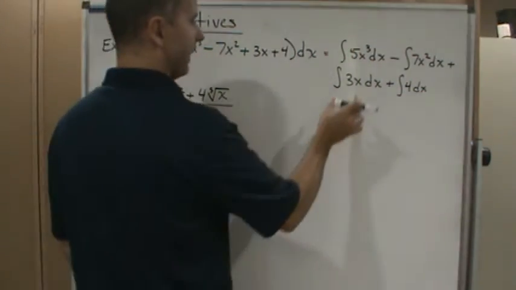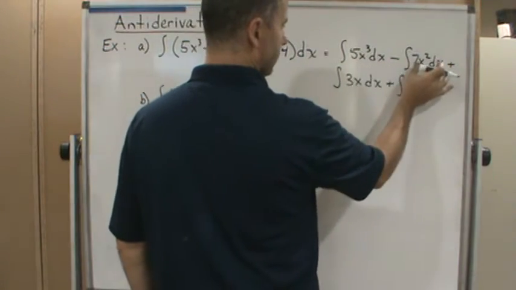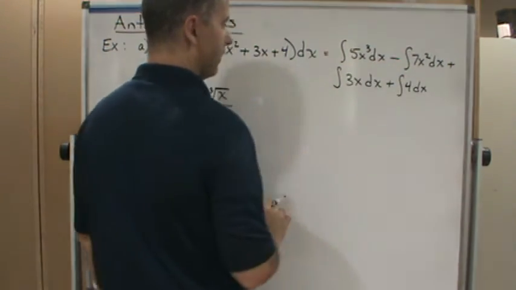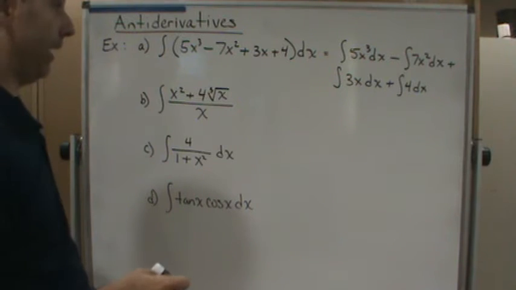And so basically I can take the antiderivative of this, this, and this, and then add and subtract, right?